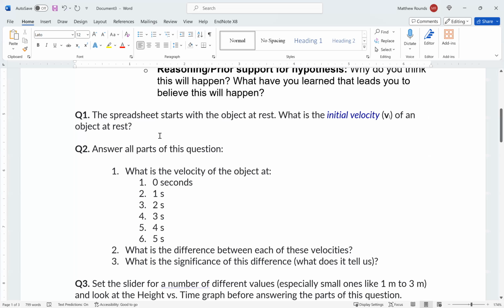The spreadsheet starts with the object at rest. What is the initial velocity of an object at rest? When it's at rest, it is not moving.